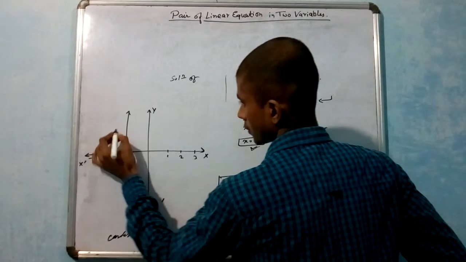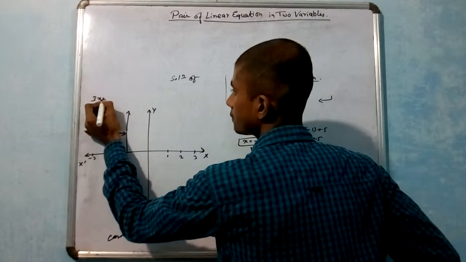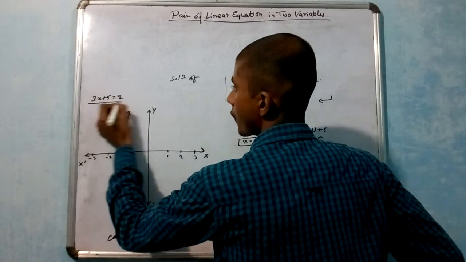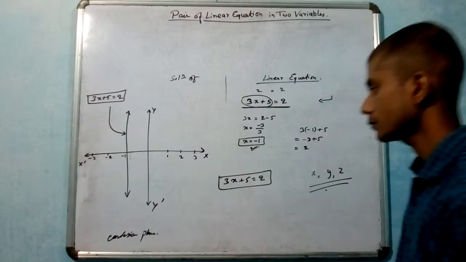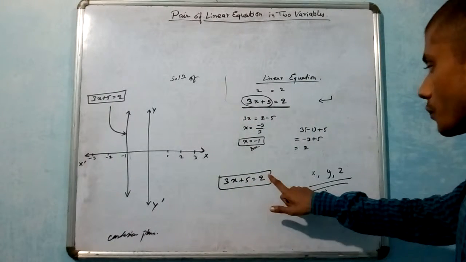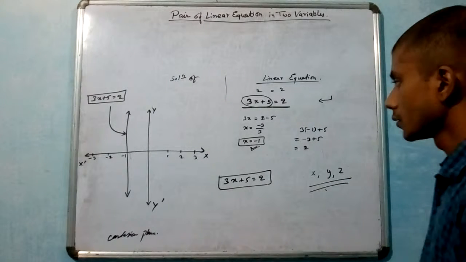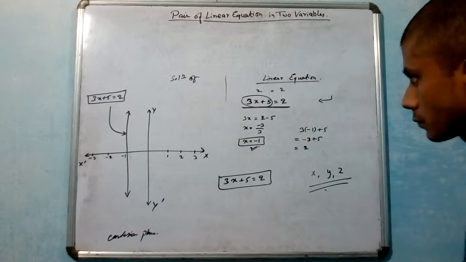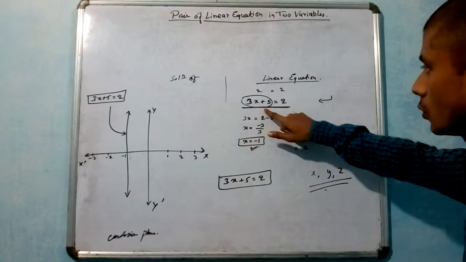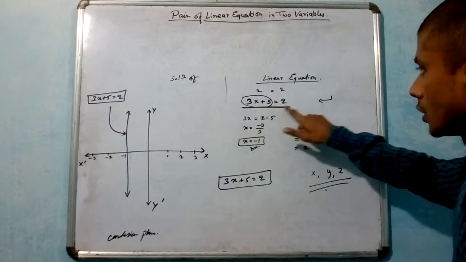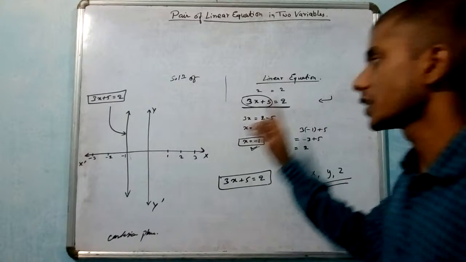So this is 3x plus 5, this line. This is the linear equation in one variable, and it is representing a straight line.